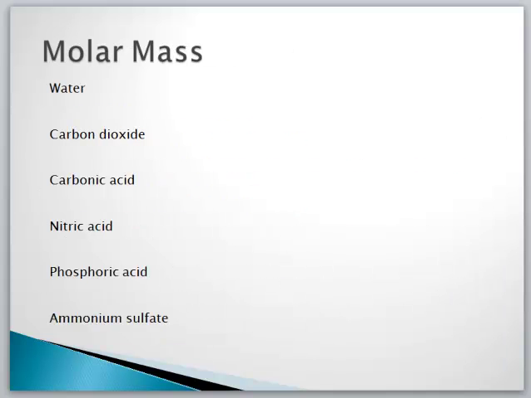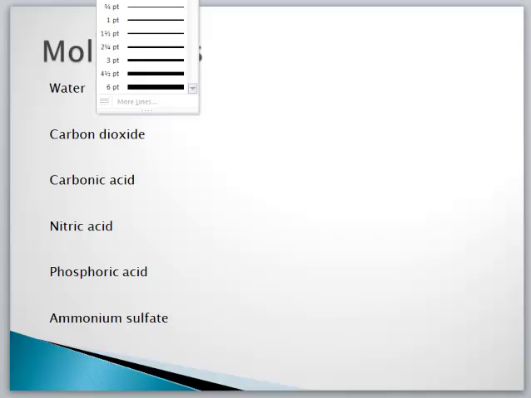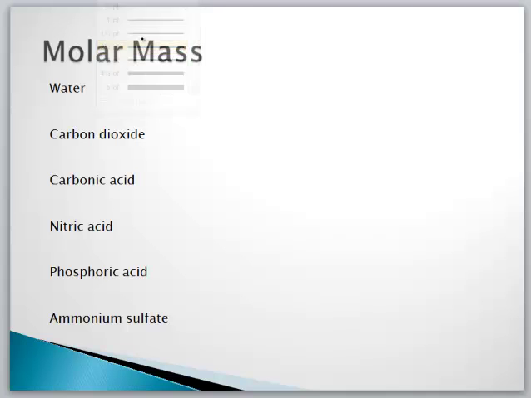Okay, what we're going to do now is talk about molar mass, because we want to apply this concept to different compounds from the periodic table, and to do that we need this concept of molar mass. Now we explained this in class, and I'll just go over it quickly here. When you look at the periodic table, what you're looking at is the mass number, and that's the larger number for each element.